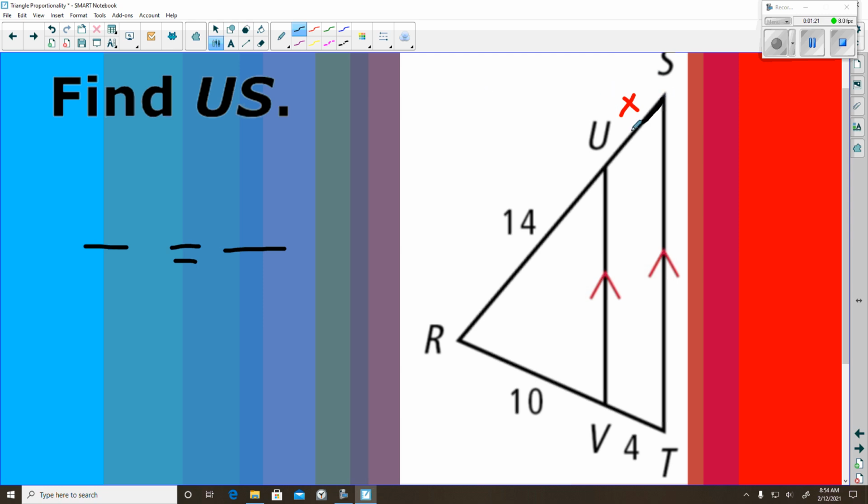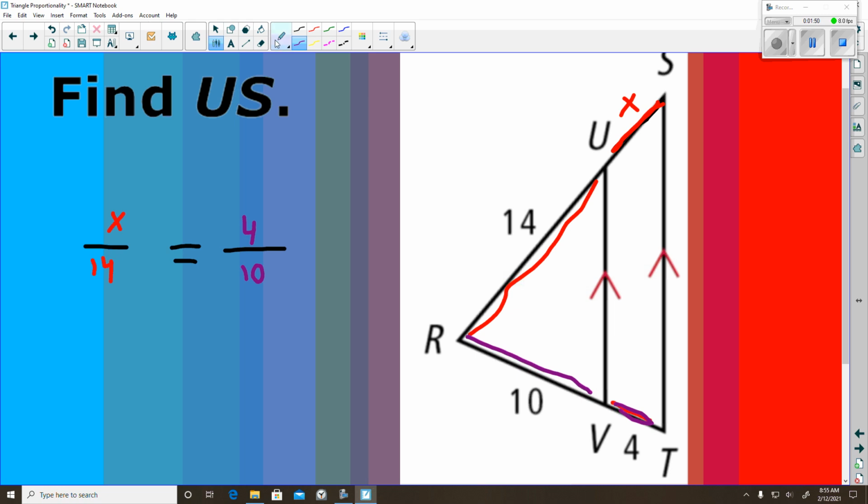If you take the small piece, which is X on this side, and you set it over the larger piece, which is 14, it's going to be equal to the small piece over here over the larger piece over here. So if you take the parts, you can set them over each other that way.